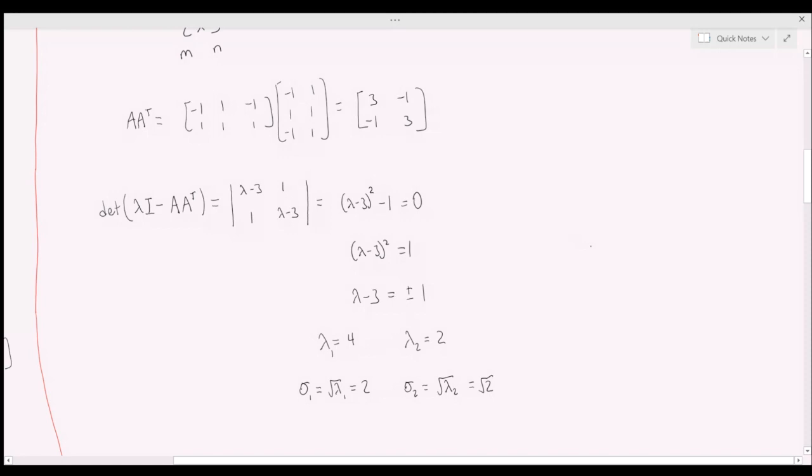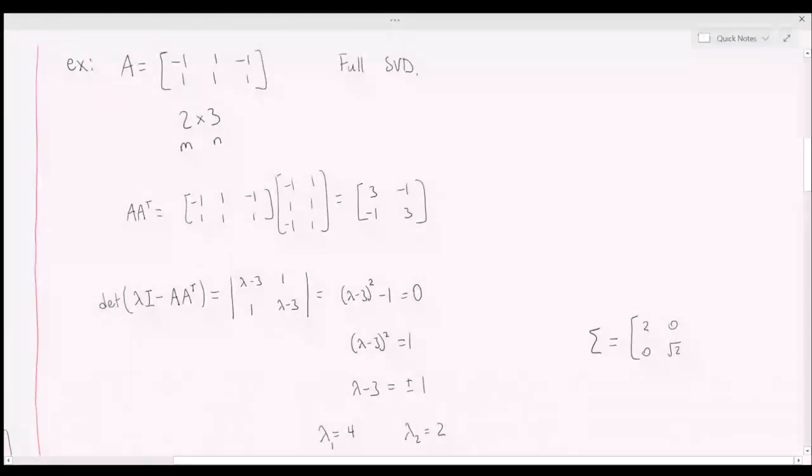So for my matrix sigma that I need for the full SVD, I'm going to first take the singular values that we found and put them into a matrix as the diagonal entries.